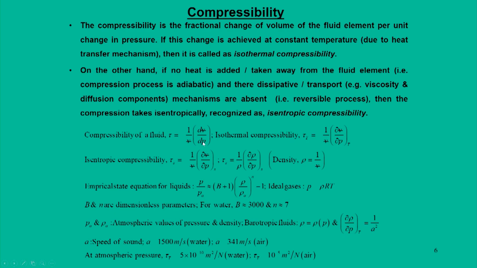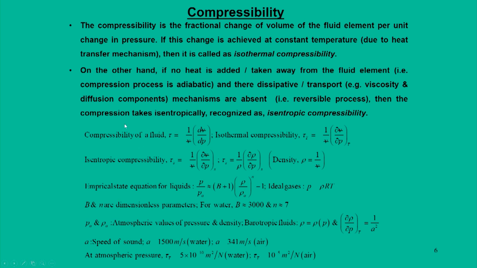Here it is a differential equation, but we can make it more meaningful by assigning a thermodynamic process to it. Instead of just compressibility, we call this isothermal compressibility, meaning the change is achieved by keeping temperature constant. Similarly, this change can be achieved by keeping entropy constant.